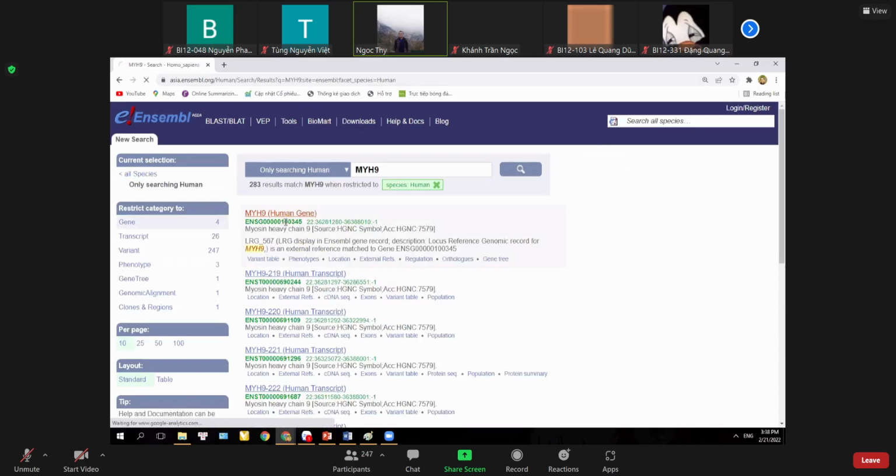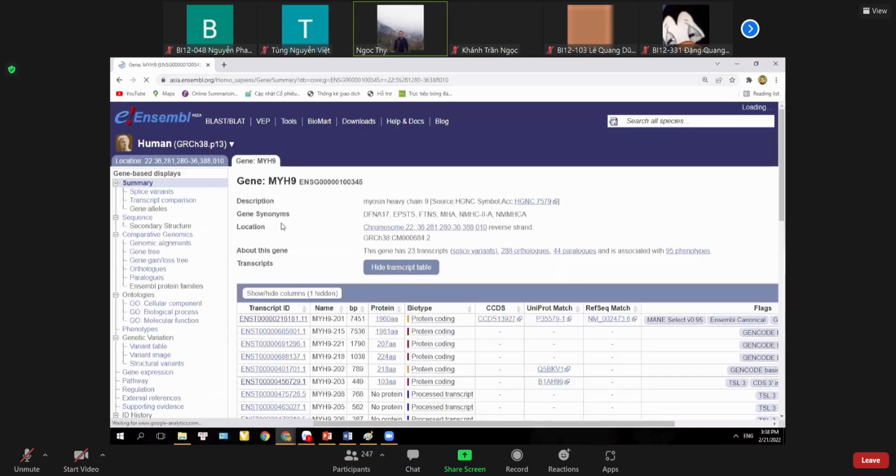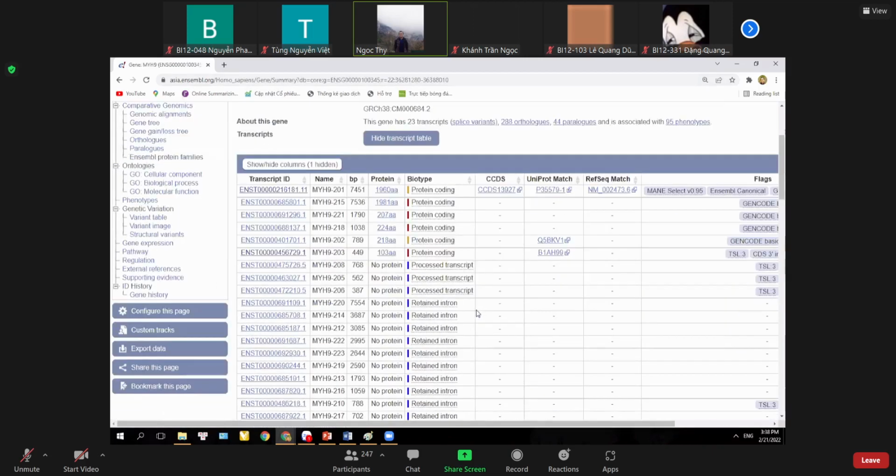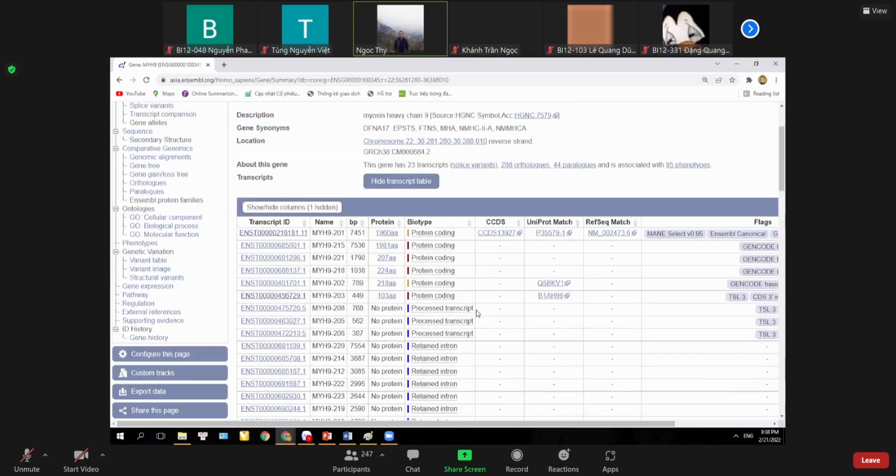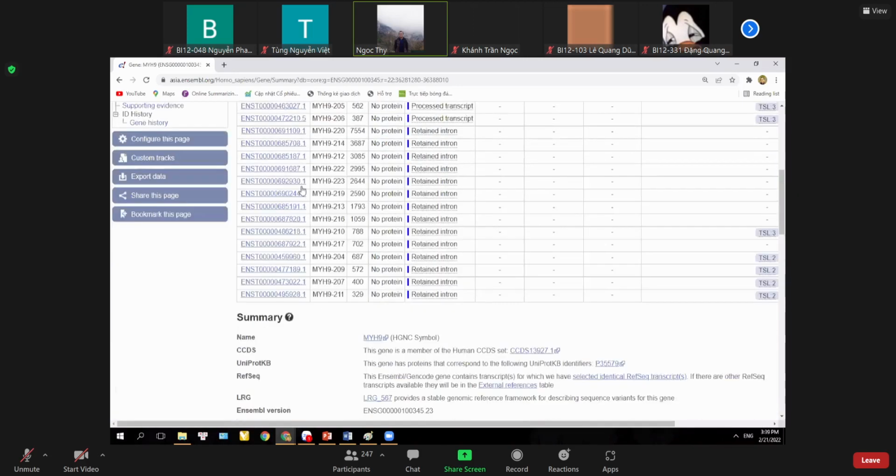You click on the human genes, and here we observe different transcript variants of MYH9. What is a transcript variant? We will discuss in a few minutes. But for the moment, just focus on the transcript MYH9-201. Okay, you can click in here.